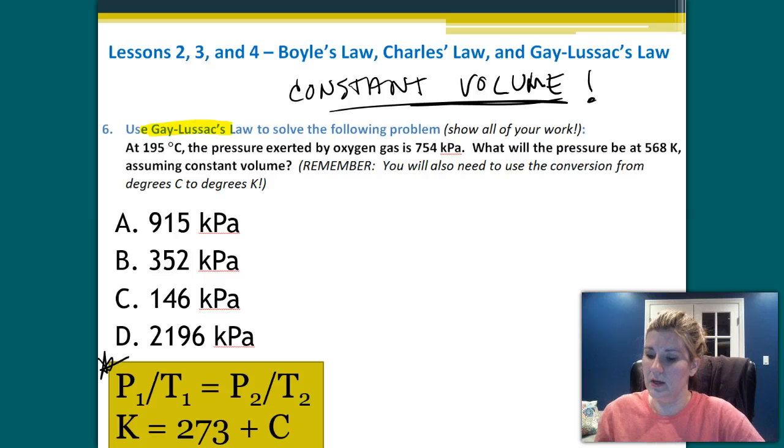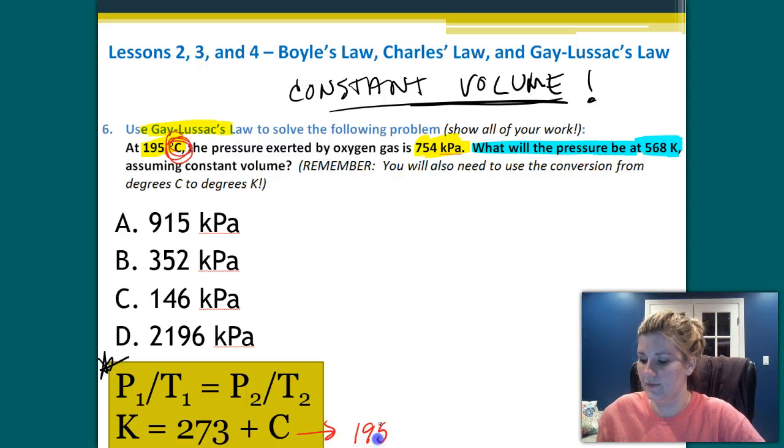At 195 degrees C, the pressure exerted by oxygen is 745 kilopascals. What will be the pressure at 568 Kelvin, assuming constant volume? And of course we do have degrees C here, so we're going to have to play with that a little bit.